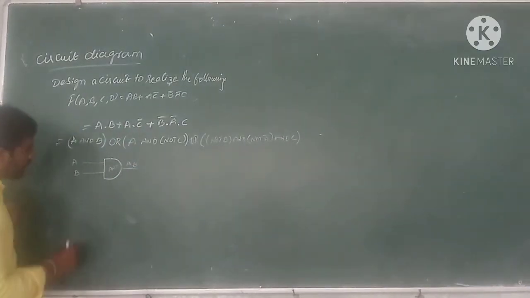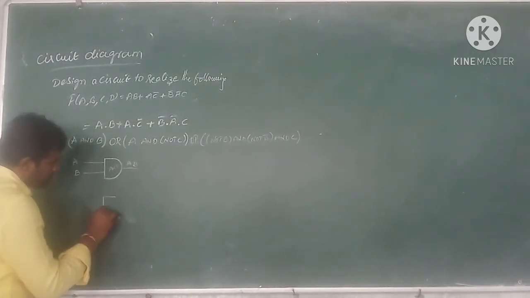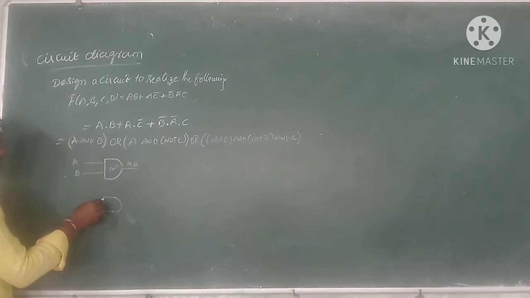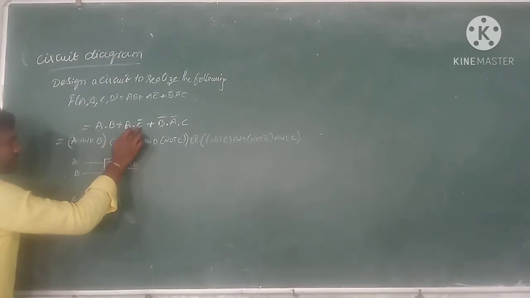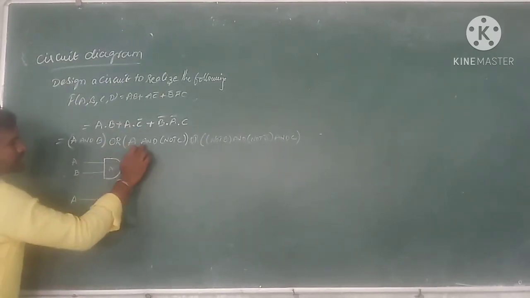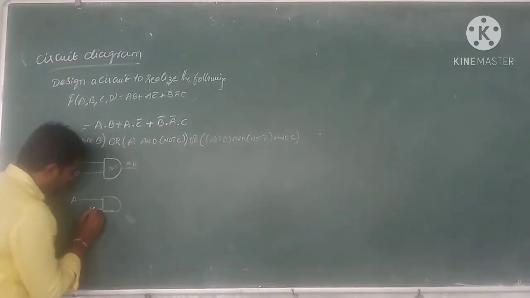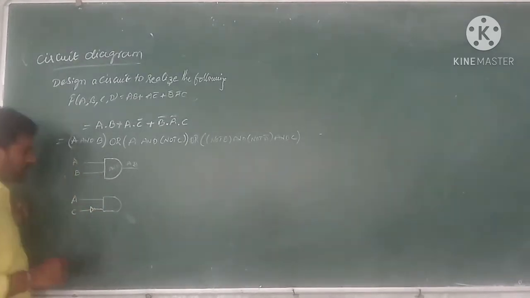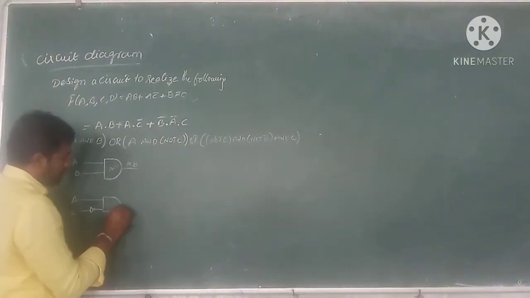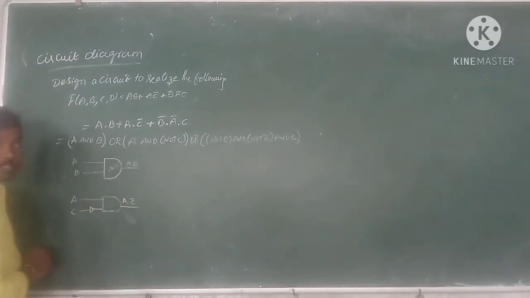C complement means not C, so A and not C. Here you should use the not symbol on C. So this is A dot C complement.